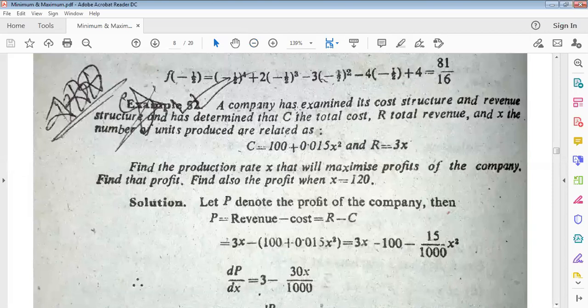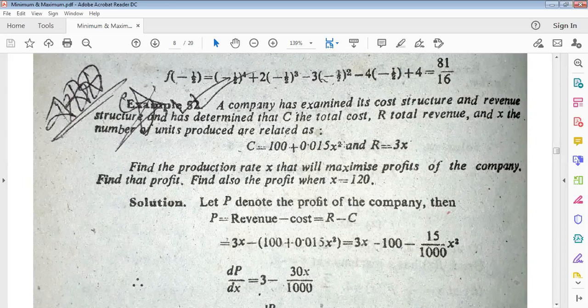In this example, a company has examined its cost structure and revenue structure and has determined that capital C is the total cost, capital R is the total revenue, and x is the number of units produced, related by these functions. The cost function is C equals 100 plus 0.01 x square, and the revenue is R equals 3x. That means one is the cost function and the other is the revenue function, and x is the number of units produced.